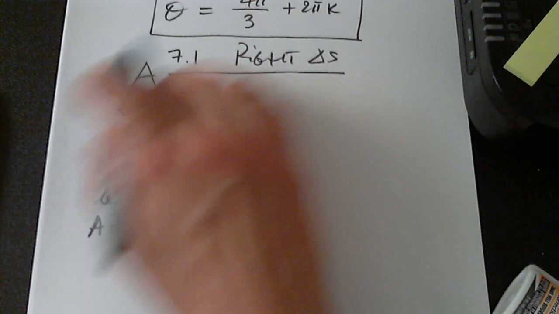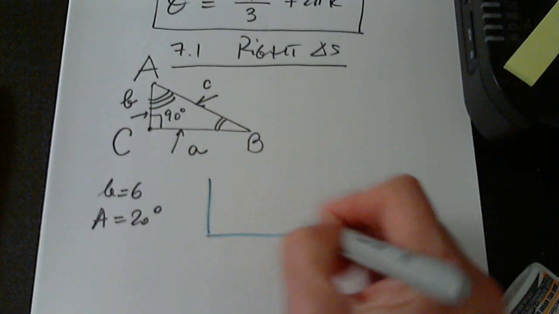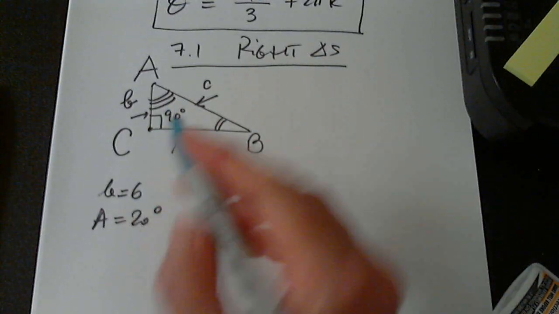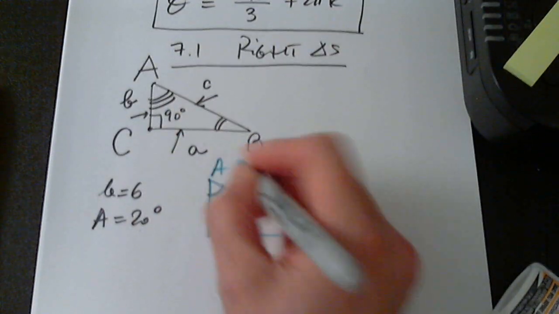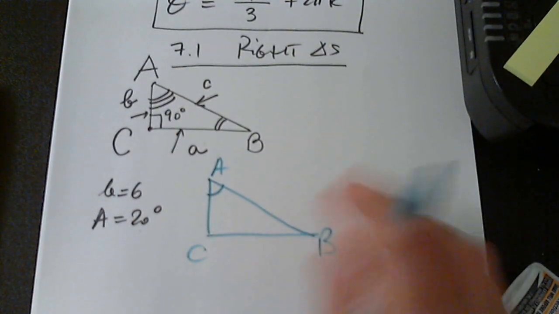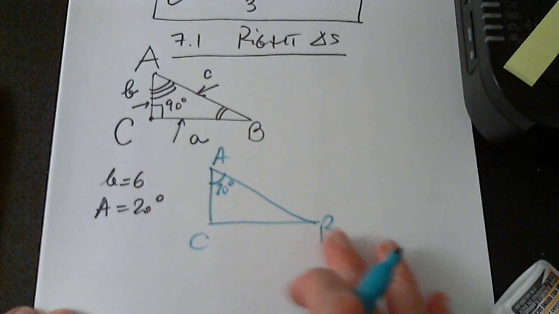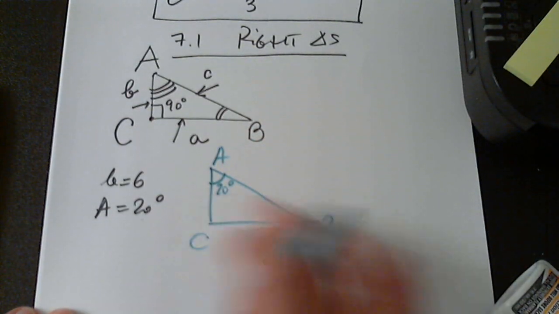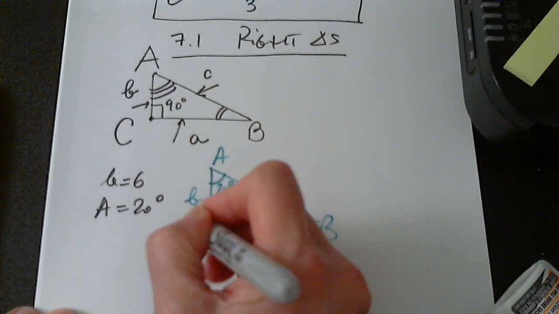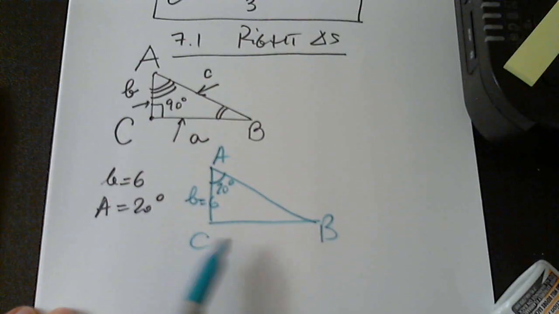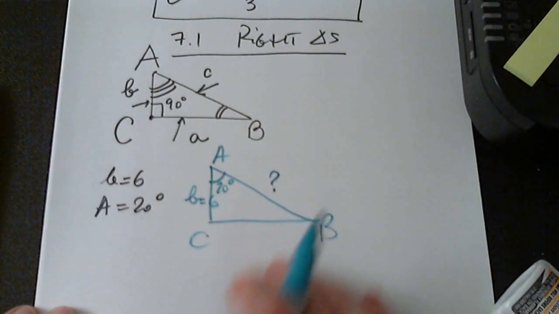So I'm not going to write it here, I'm just going to copy it. So they say angle A is 20 degrees. So this is A, this is B, and this is C, and this is 20 degrees. The opposite of B must be B equals 6. And what we don't have is the hypotenuse.